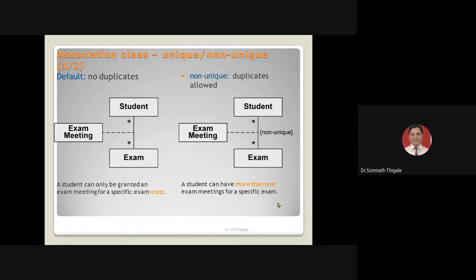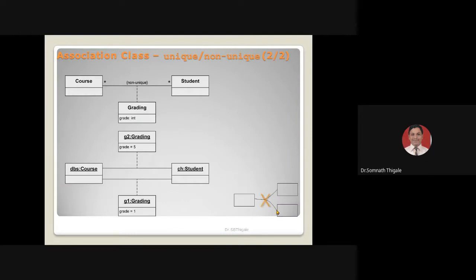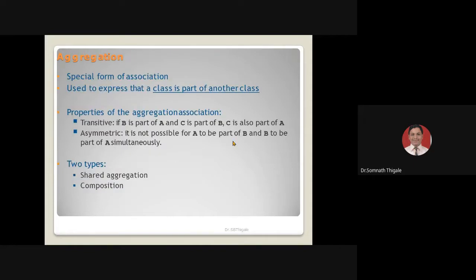So inside this we can have different associations like unique and non-unique. See here, no duplicates, or unique ways to understand, is the way you will work out the programs. This is simple association, where I will make sure about the unique representation.